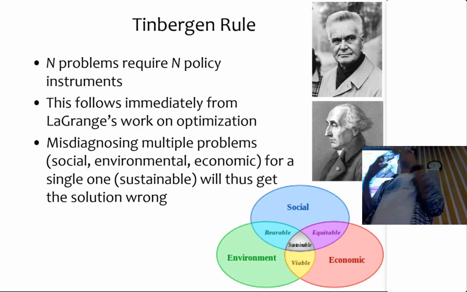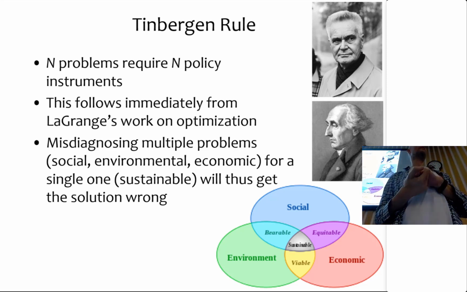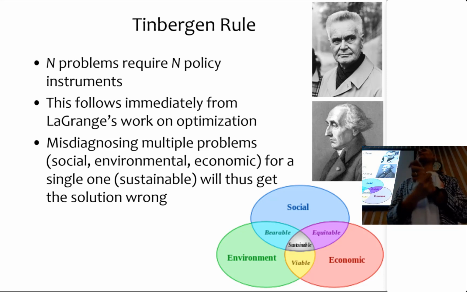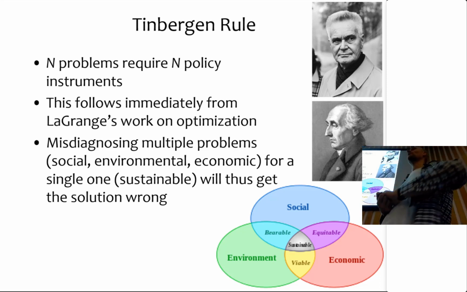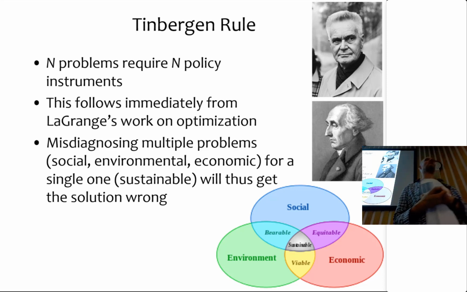And you have 2 objectives, and therefore you need 2 control knobs, not 1. And if you're saying, well, it's all the same, it's all sustainability, then you may be tempted to think, well, I can solve these 2 problems in one go. I can kill 2 birds with 1 stone. But the fact that we made this a proverb is because this is actually pretty rare that you can do that.